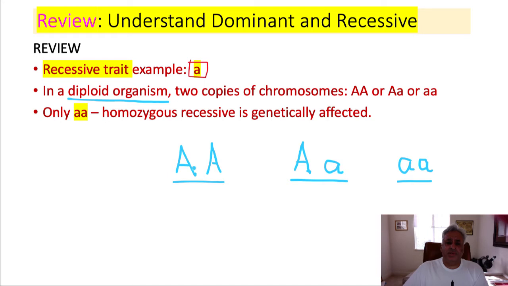Okay? Now, of these three possibilities in the population, if the disease or the condition is tied to the lowercase, then the only people that will show that particular phenotype would be the people that are homozygous recessive. Okay? So that's what happens with a recessive trait.